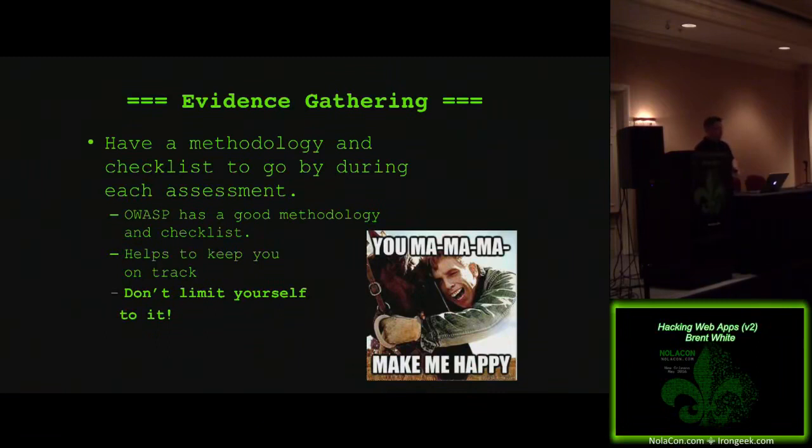Now, again, this is just something to help keep you on track. Make sure you're not limiting yourself to only doing what's in that checklist or methodology. For example, if your methodology leaves out something like remote file inclusion, make sure you're testing for that. Just don't limit yourself, just use it as a guideline.